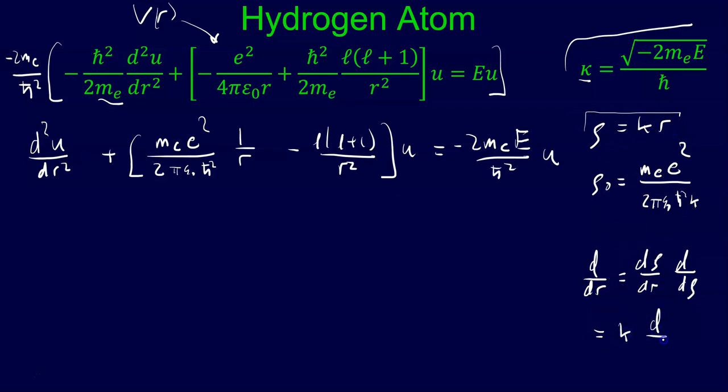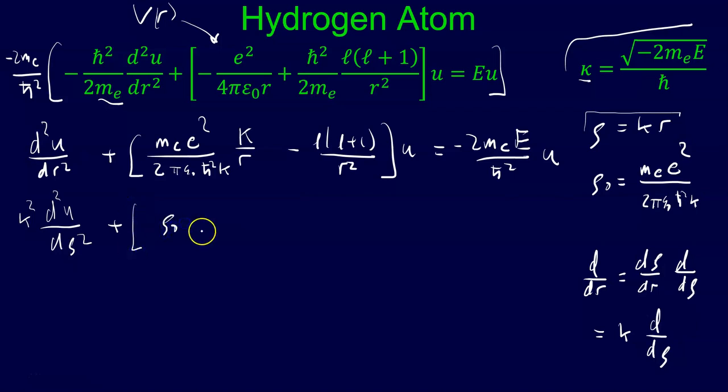So it's kappa d rho. So we can first transfer this double derivative, so I'll end up with a kappa squared term, d squared u d rho squared. Now here, this thing looks almost like this, except there's an extra kappa. So I'm going to multiply a kappa on the bottom, and then a kappa on top, so basically a kappa over kappa, multiplying by 1, and it just makes this thing equal to that new constant.